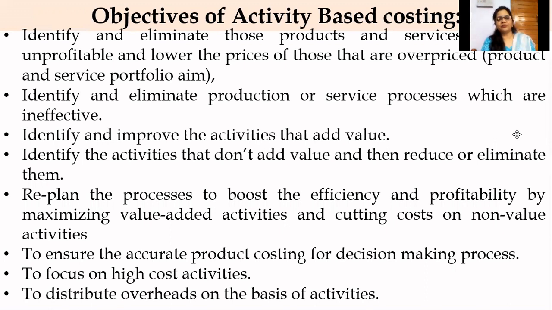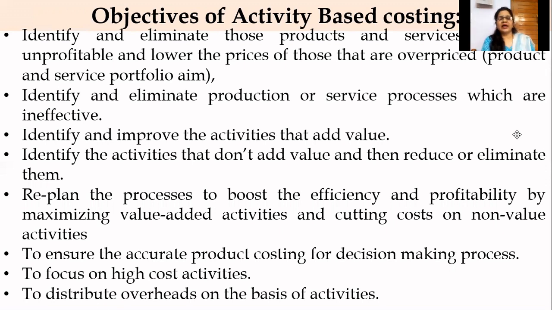And replan the processes to boost the efficiency and profitability by maximizing value added activities and cutting down on non-value activities. So by maximizing value added activities and reducing or eliminating non-value activities, we can replan and boost the efficiency and profitability of the organization.